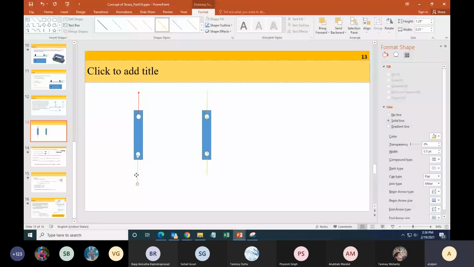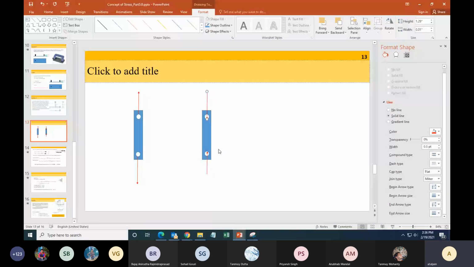Okay, it is like this. Yes, when theta is 0 degree, you will get tensile. When theta is 90, you will get compressive. Something like this, correct?